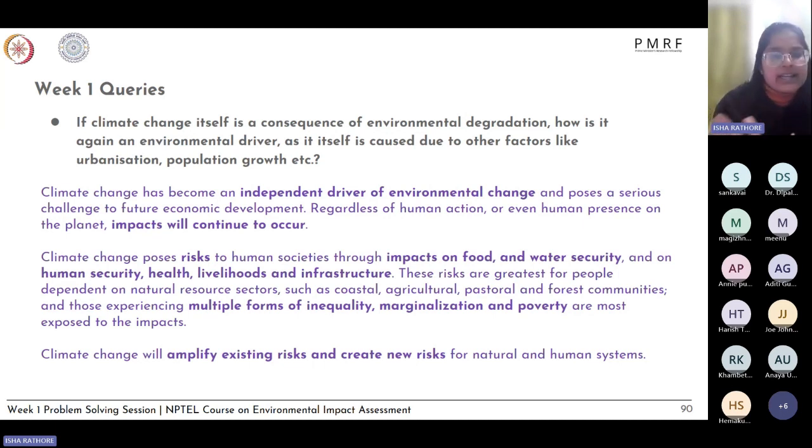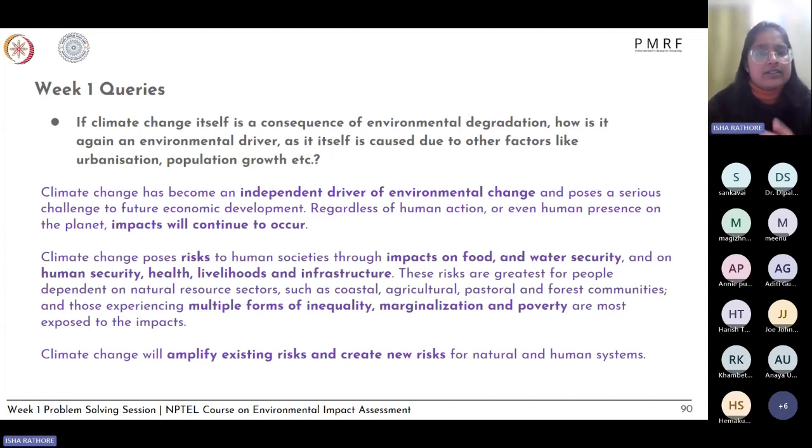Every cause has a direct or an indirect effect on other resources as well. So climate change has caused direct and indirect effects on all environmental parameters of biodiversity, air, water, land, oceans. It has caused effect on all of these environmental parameters.